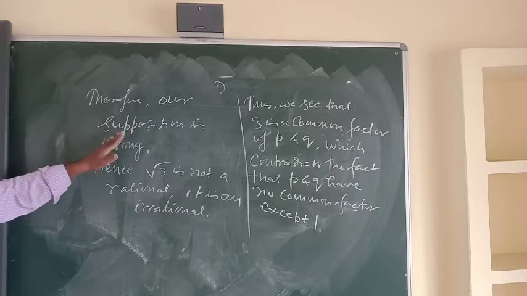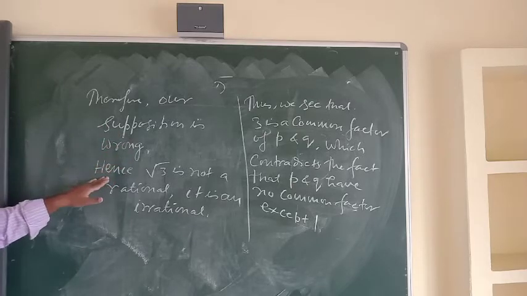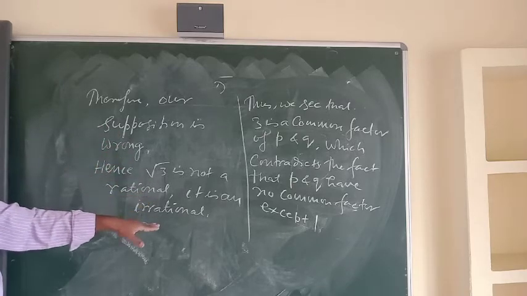So therefore our supposition is not correct, it is wrong. Hence root 3 is not a rational, it is an irrational.